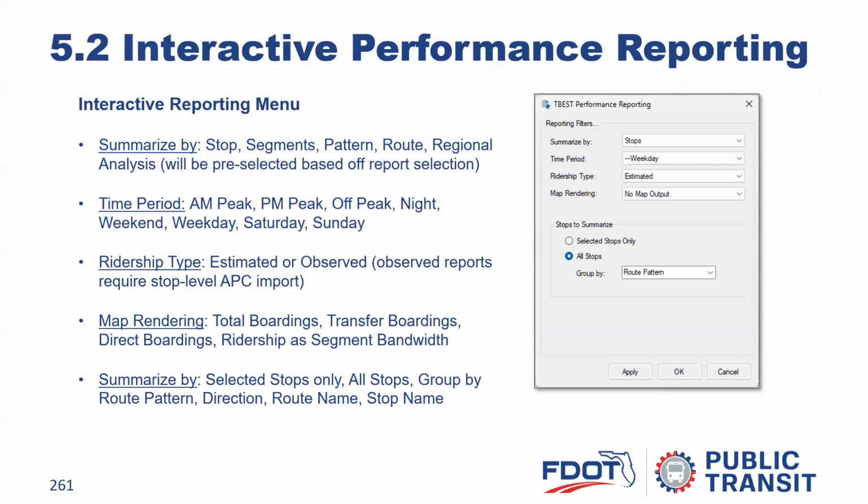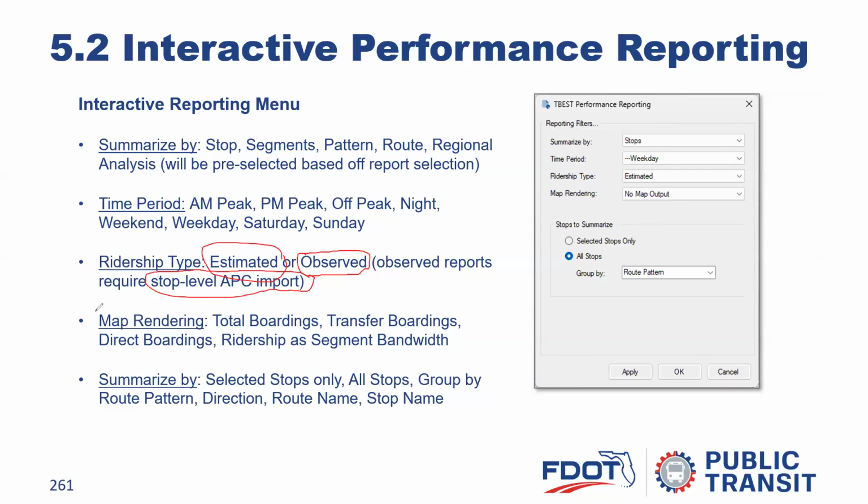The ridership type can be estimated or observed. So again, this requires your APC import. If you're going to do observed ridership, it uses the stop level APC data. If you haven't brought that APC data into your network, then this option won't be available, and it will just do the estimated ridership that T-Best estimates.